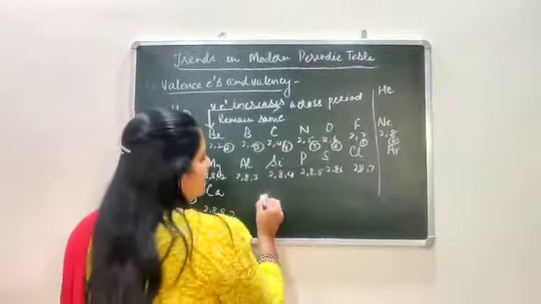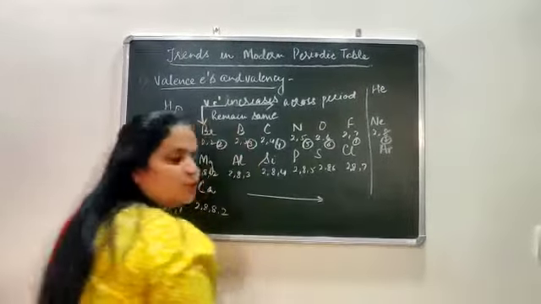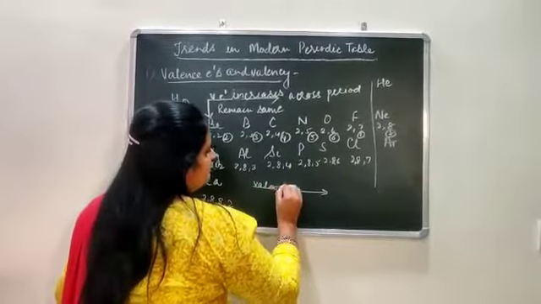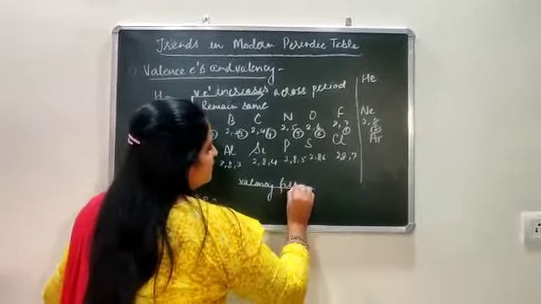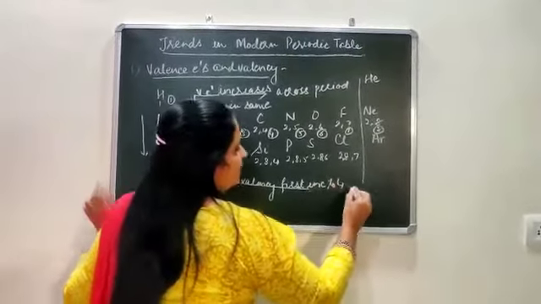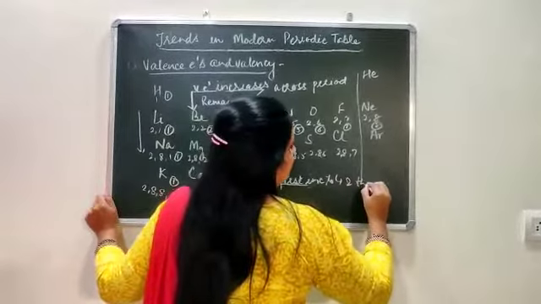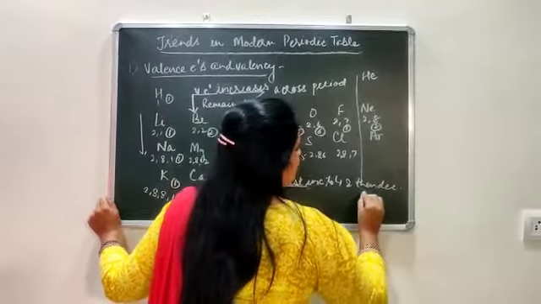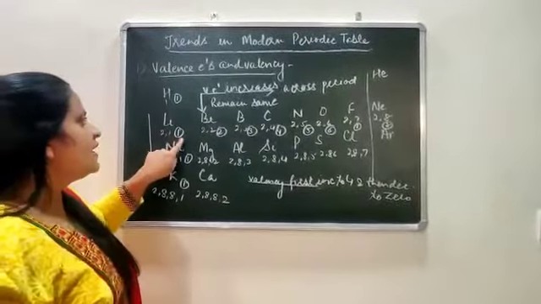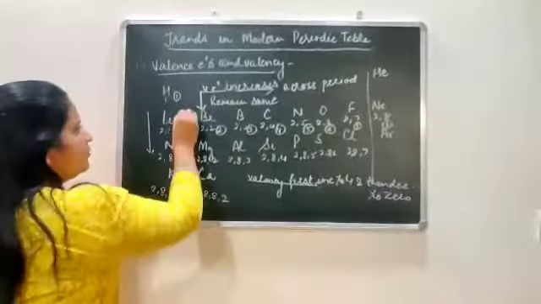So from these valence electrons only we can also calculate the valency. So what do we define? When we are moving left to right across a period, valency first increases to 4 and then decreases to 0. How? Here, if the valence electron is 1, valency will be 1.